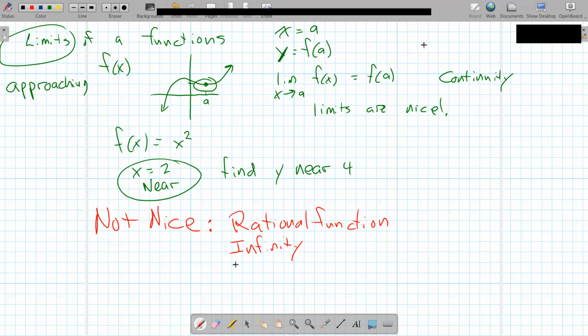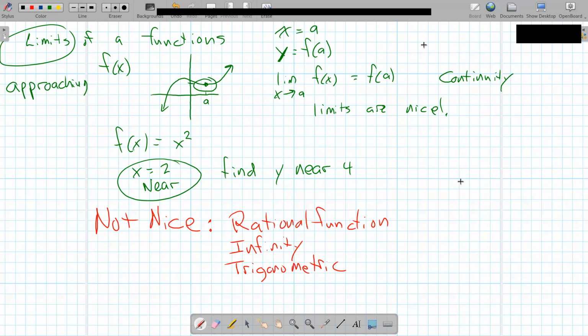Certain trigonometric functions have some not nice places. And as you dig deeper into mathematics, you find a whole lot of places where the idea of a limit is pretty important but we don't have this niceness of things looking good near a point.